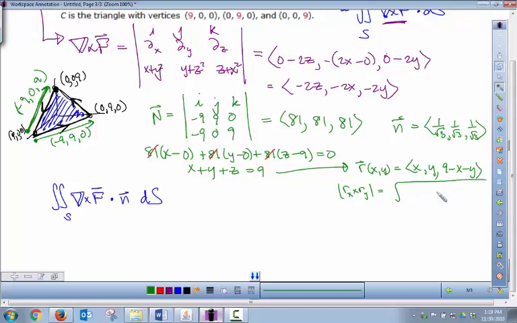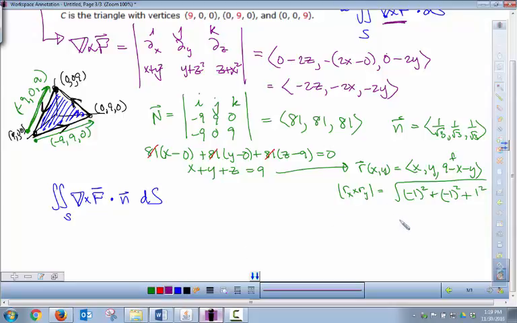Do you remember how this is going to go? It's fx squared, fy squared, except this is your f right here. So the derivative of this with respect to x is 1, right? Or negative 1, but you're going to square it, so it doesn't matter. So fx squared plus fy squared plus 1 squared.